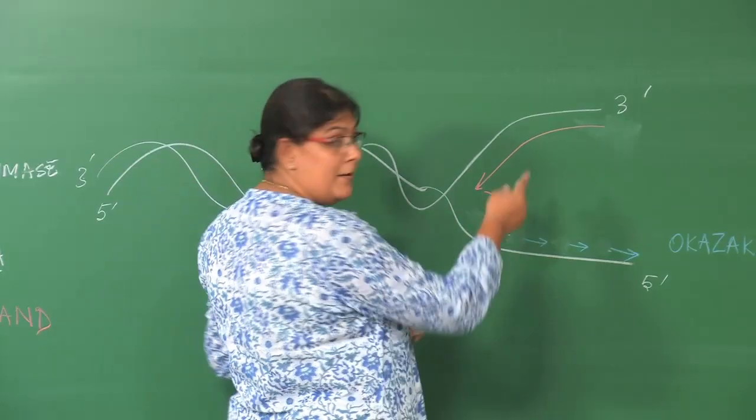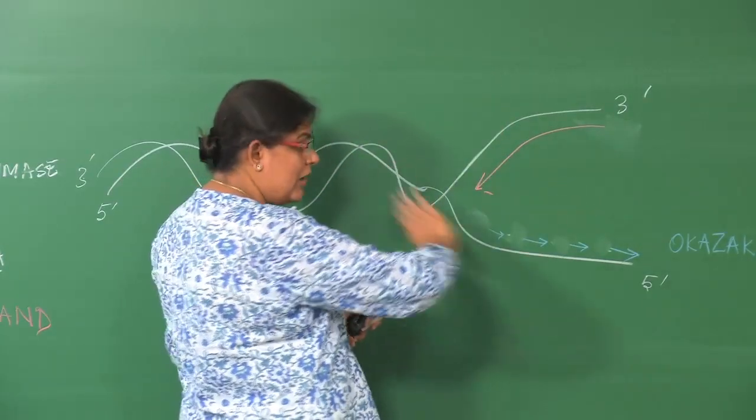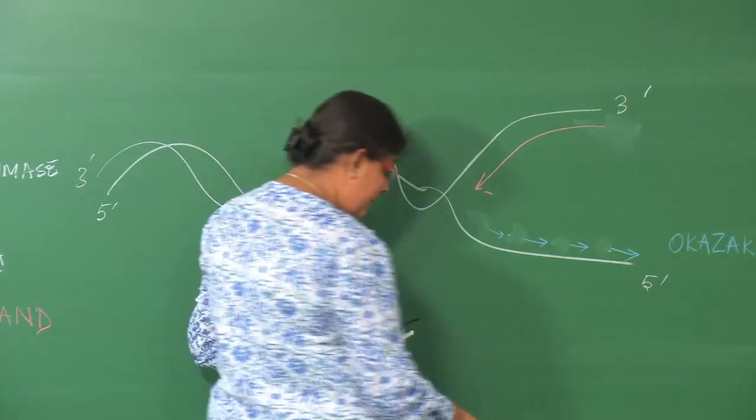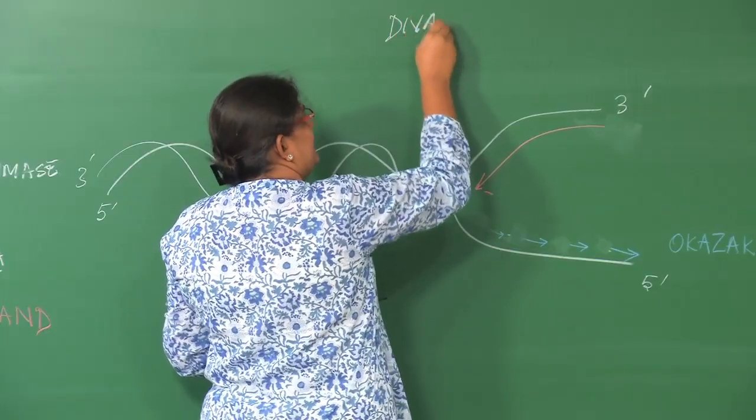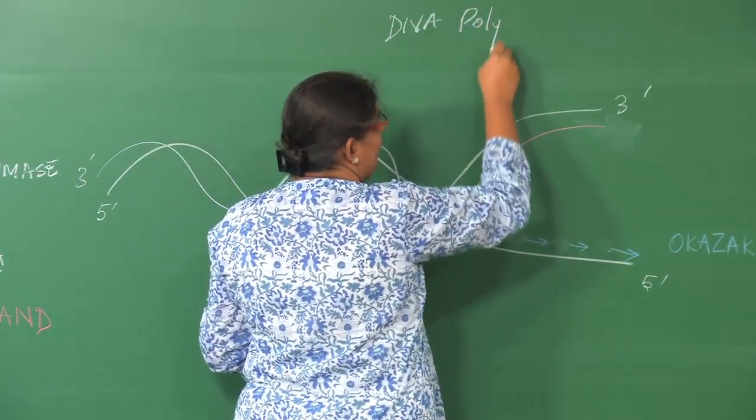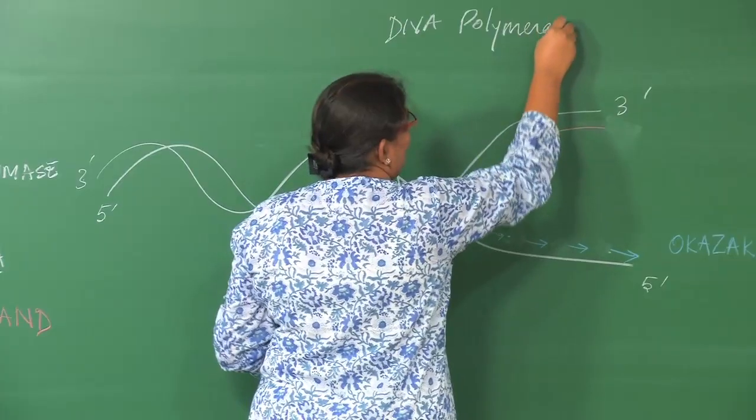So, what happens is the primers get removed after the Okazaki fragments have been formed by another type of DNA polymerase. That is why I told you there are different kinds of DNA polymerases. I am not going into all of them.